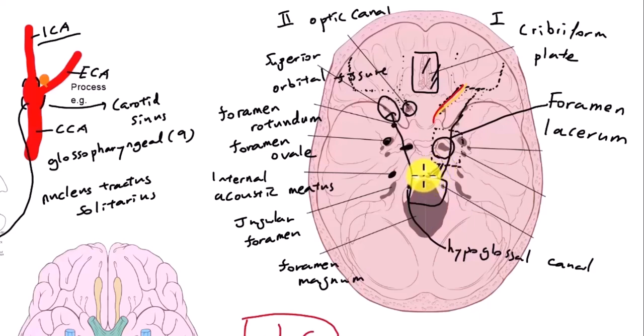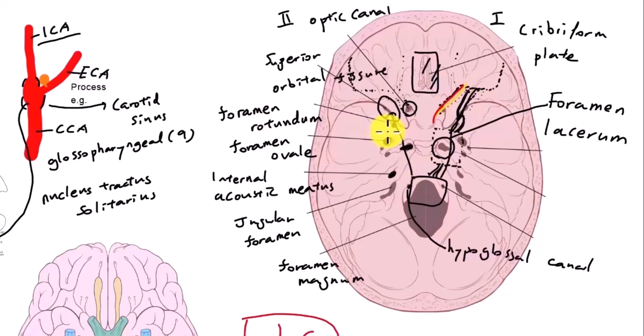Oculomotor nerve, trochlear nerve, and ophthalmic branch of the trigeminal nerve lie on the outside layer of the cavernous sinus. And these three go in towards the superior orbital fissure and exit towards the orbital cavity.